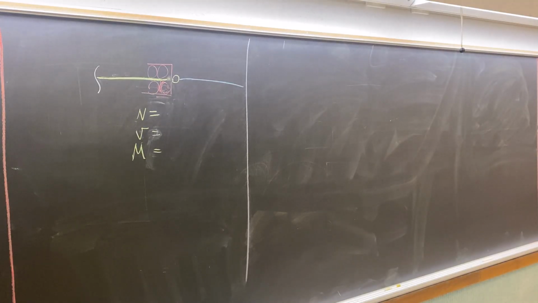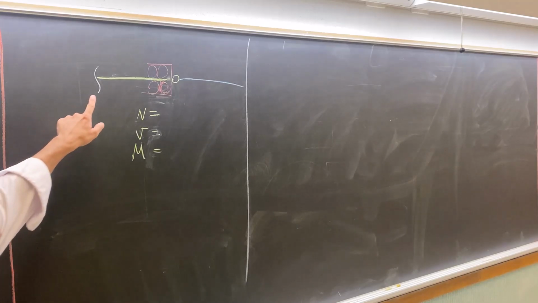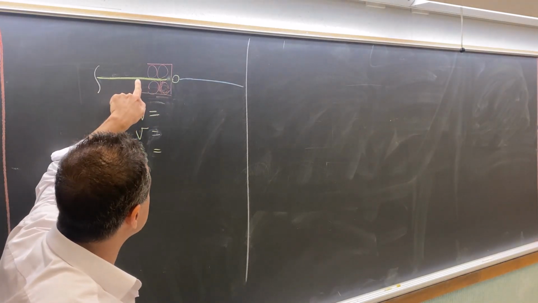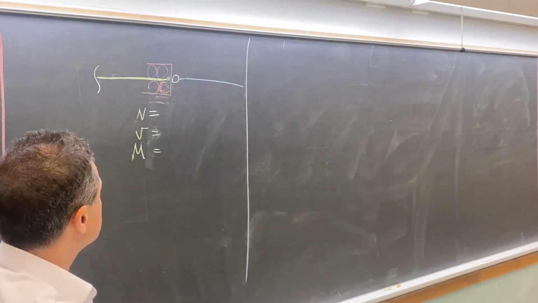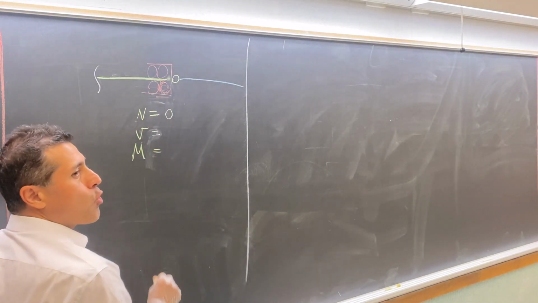Yes or no? If you hold one piece and try to horizontally move the other piece, does it work? Can you horizontally move the blue element? Remember, the green element can roll and slide. So yes, N is still 0.